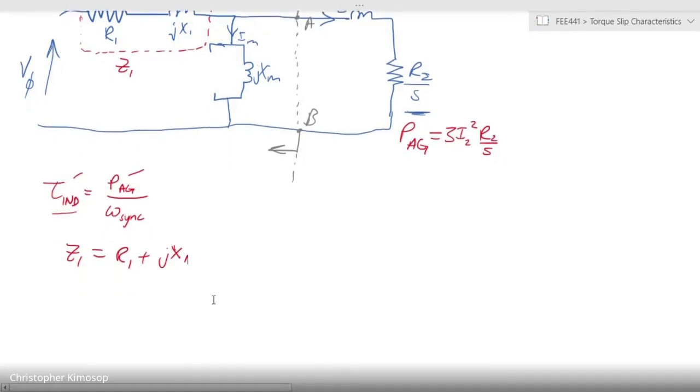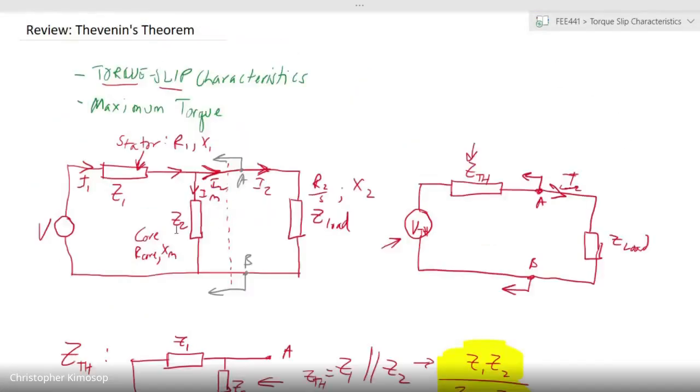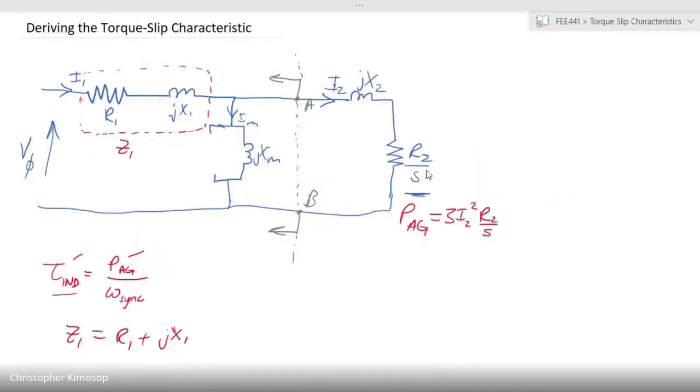So we have that Z1 is represented by the stator, essentially the stator elements that we had here. Now, what does this mean? Looking at our Thevenin equivalent circuit that we have here, it is very similar to what we are looking at on this side. You have a Z1 and a Z2.